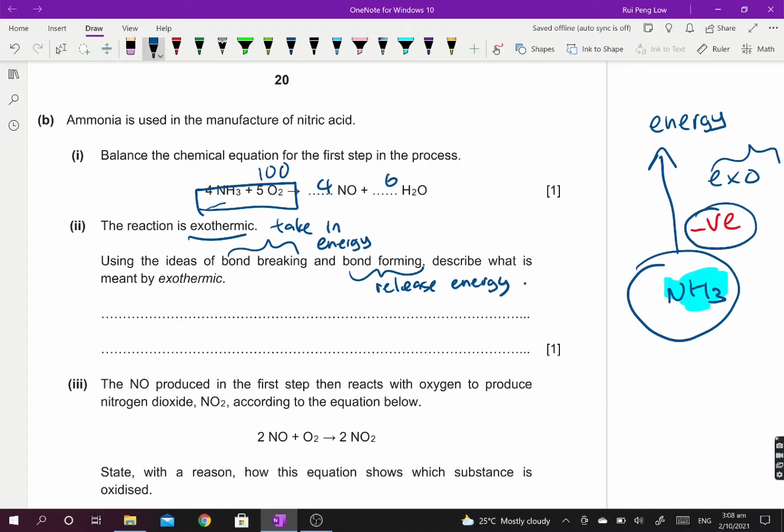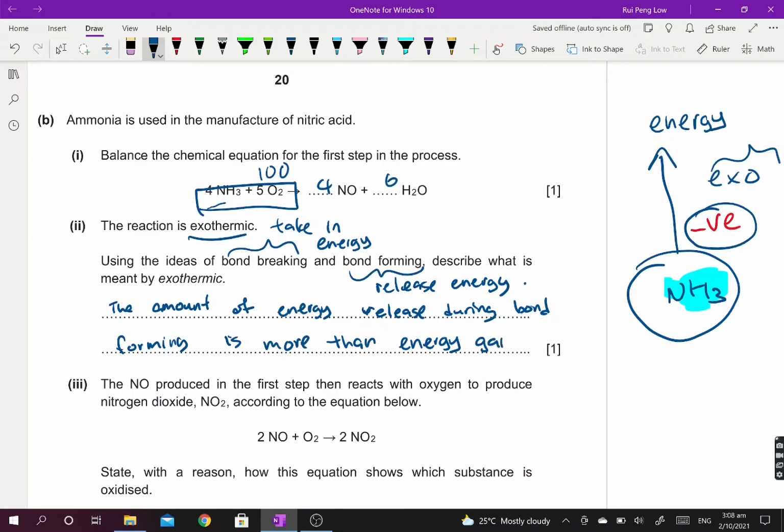So we will say that the amount of energy released during bond forming is more than energy gain to break the bond.